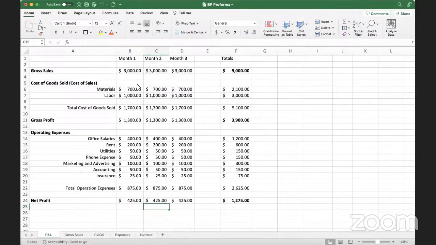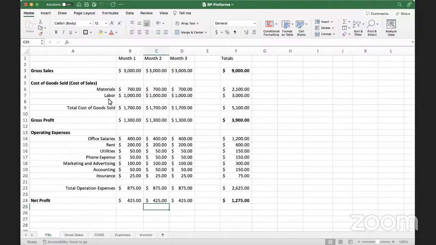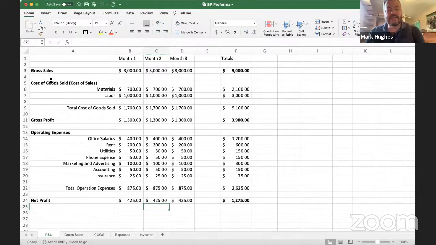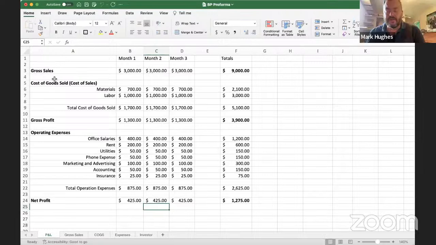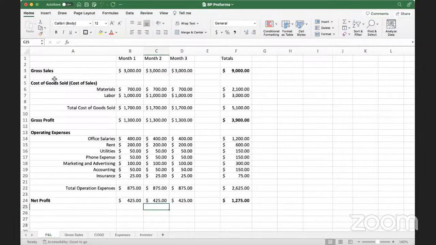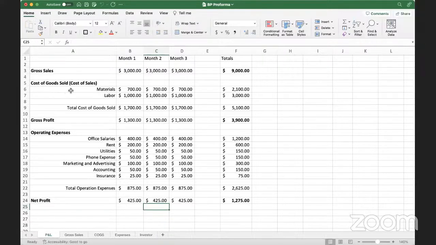There are 3 parts to this form. One is the gross sales, or the total amount you sell. The next section is the cost of those goods sold, or what it costs you to sell.